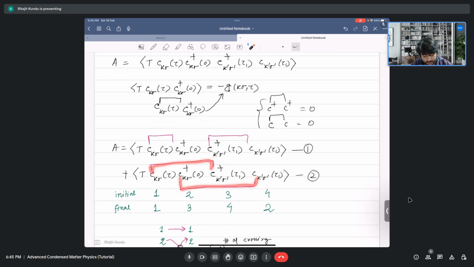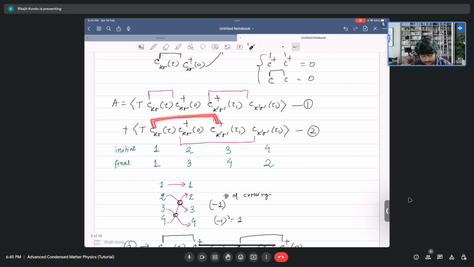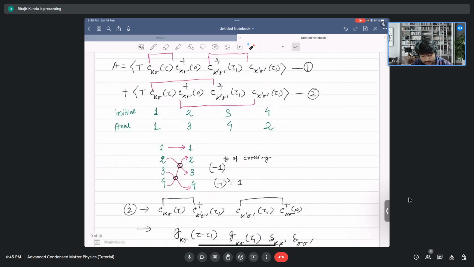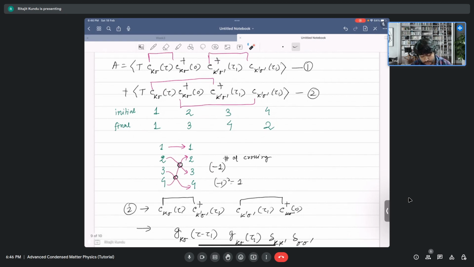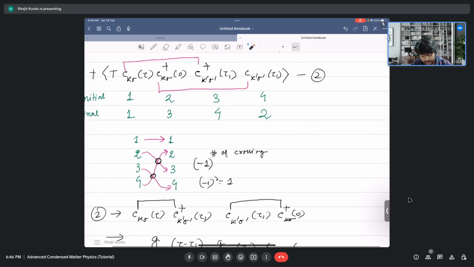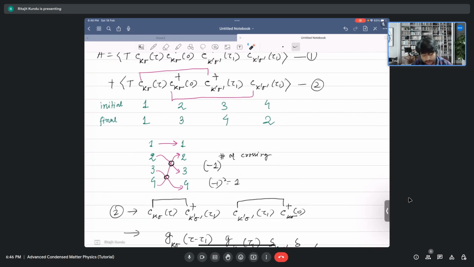Okay, and for this one, the initial configuration that we were starting with was 1 2 3 4, and we'd like to have something like 1 3 4 2, so that the creation and annihilation operators are nearest neighbors, and we can write the Green's function. I showed you a trick for how to do that in terms of a permutation diagram. So I have 1 2 3 4, this is initial, and this is final.